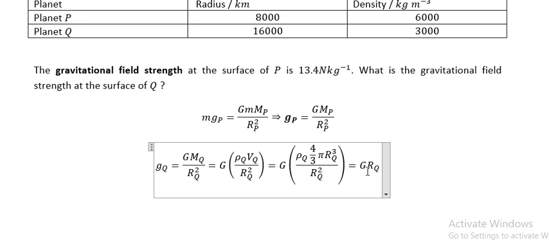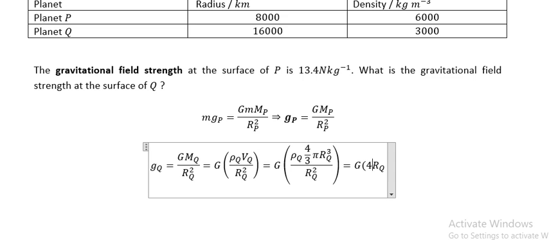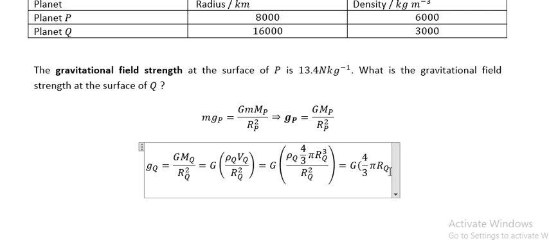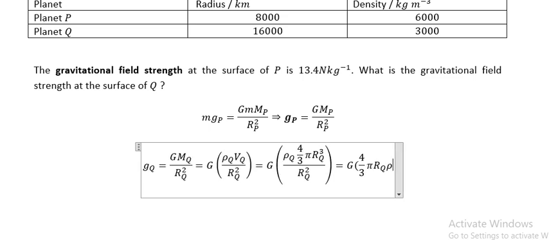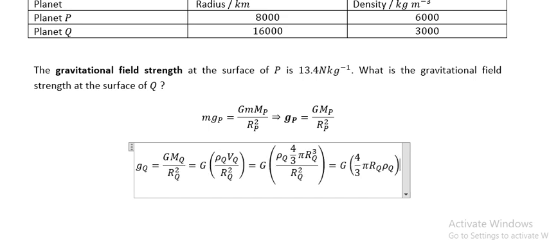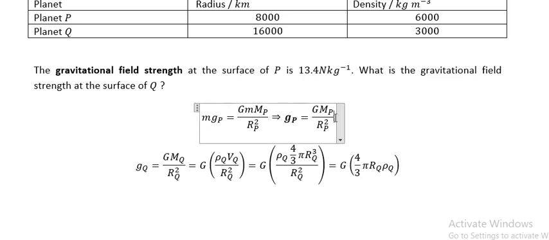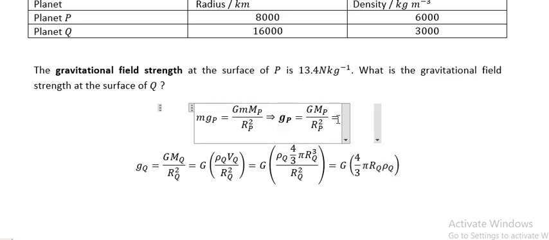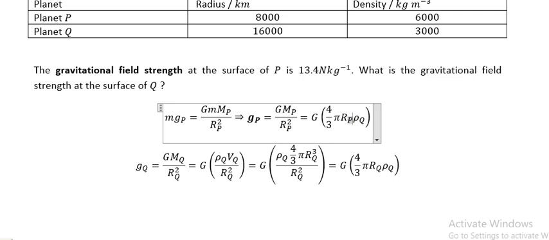Now for that 4/3 pi, I'm just going to put it here, and I think the last thing we are putting is the density of Q. Alright, and I think probably the same thing happens for P. Okay, so all the simplifications will be the same. We just have to replace anything that concerns Q with P.